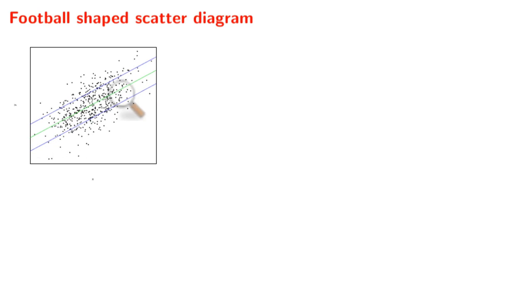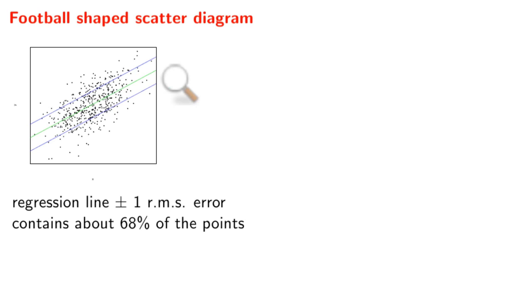And that picks up a certain fraction of the points, does it not? What fraction of the points do you think it picks up? You got it. 68%. The regression line plus or minus 1 r.m.s error contains about 68% of the points. So when you're doing estimates, you're interested in how far off your point is from the estimate. How much error are you making?